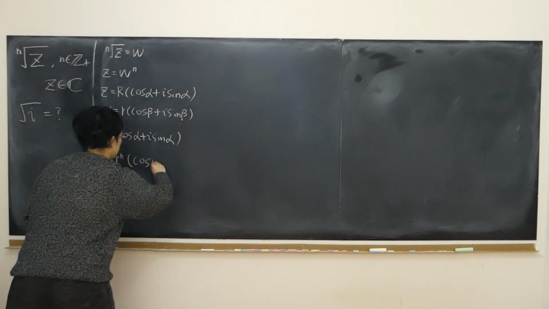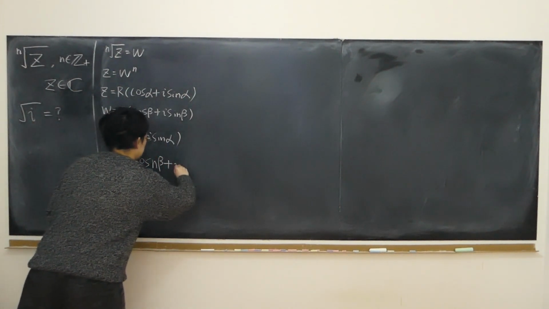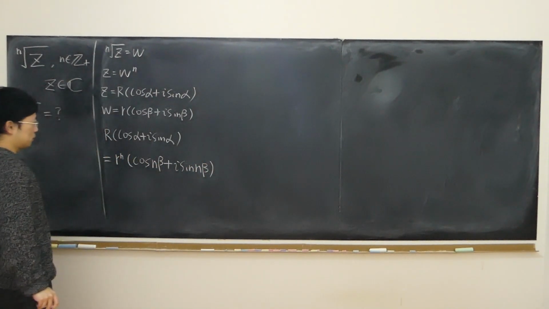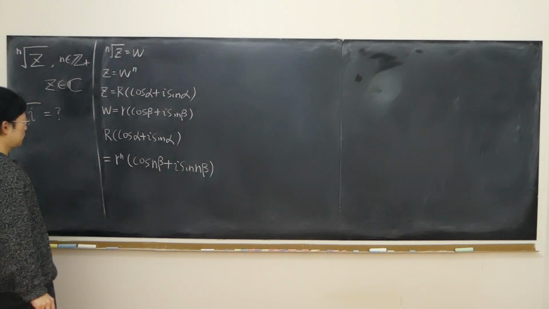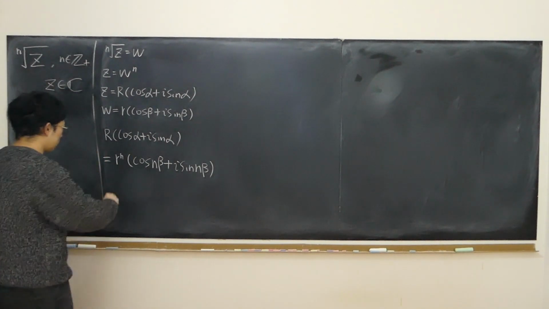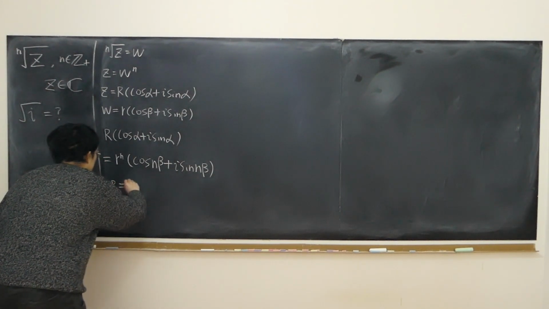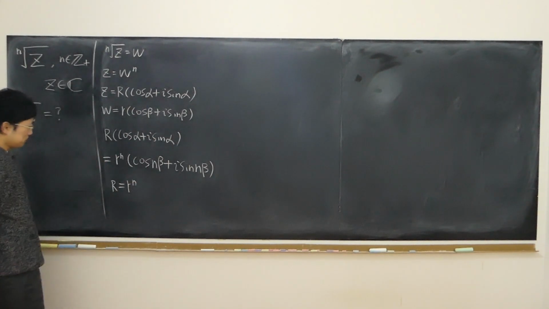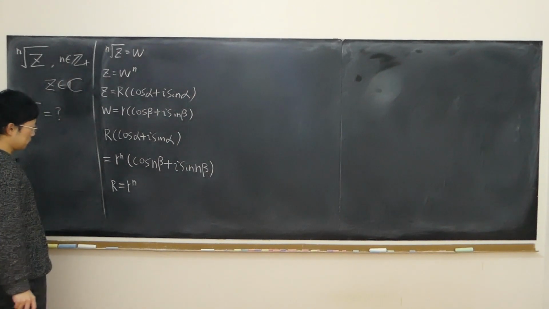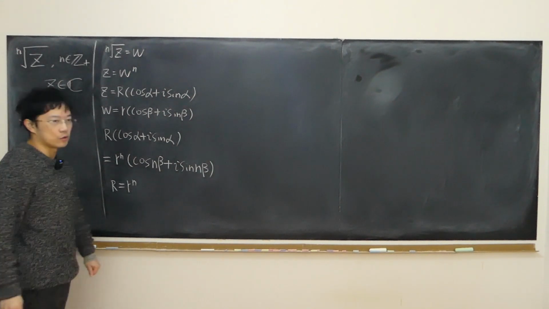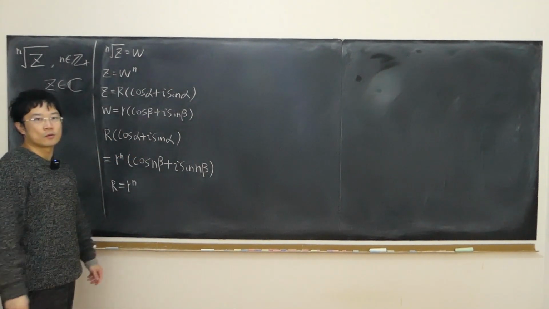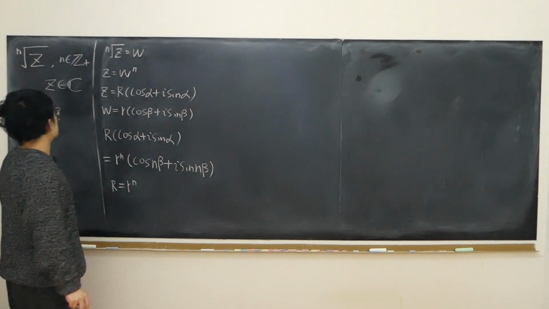So cosine n beta plus i sine n beta. Which means correspondingly capital R should equal little r to the power of n. And of course we assume that both capital R and little r are strictly positive, because if they were zero it would be trivial.